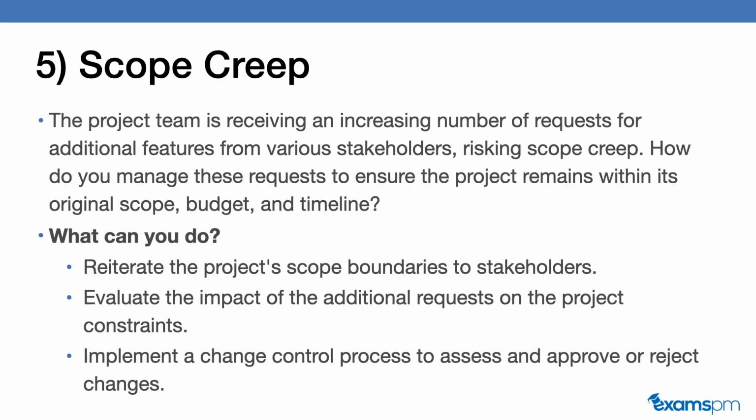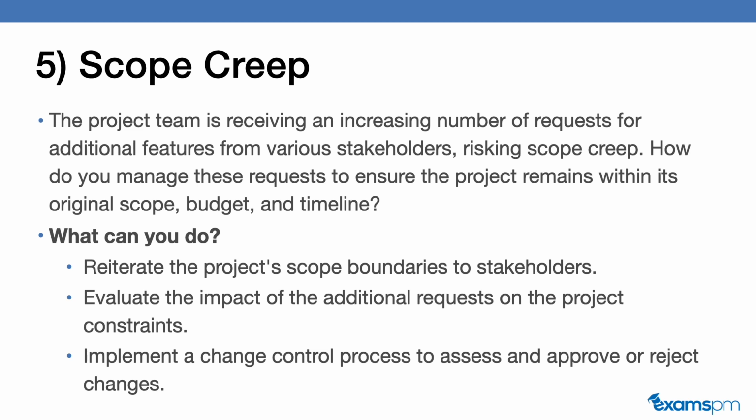You can evaluate the impact of adding those additional requests into the project, and then you can tell them, okay, if we do add it in, that would be a change request. This is the additional time and budget that it will cost. And if we add it in, our entire plan will have to be changed as a result of that. And if they still approve those changes, then you can add it in.